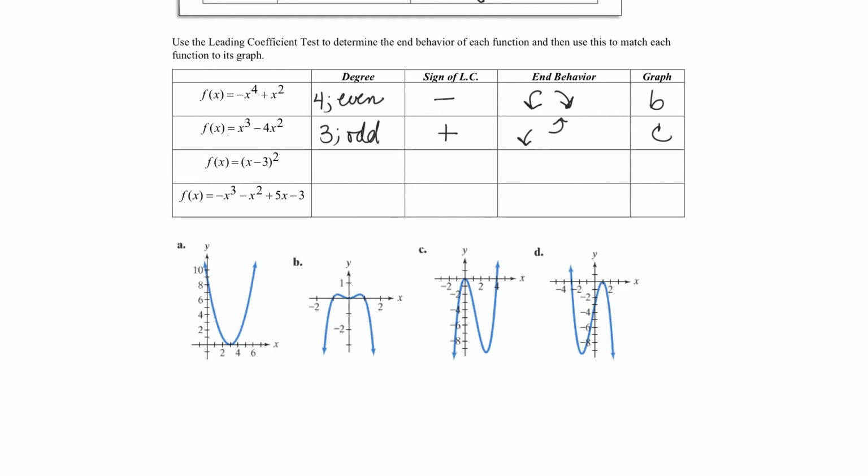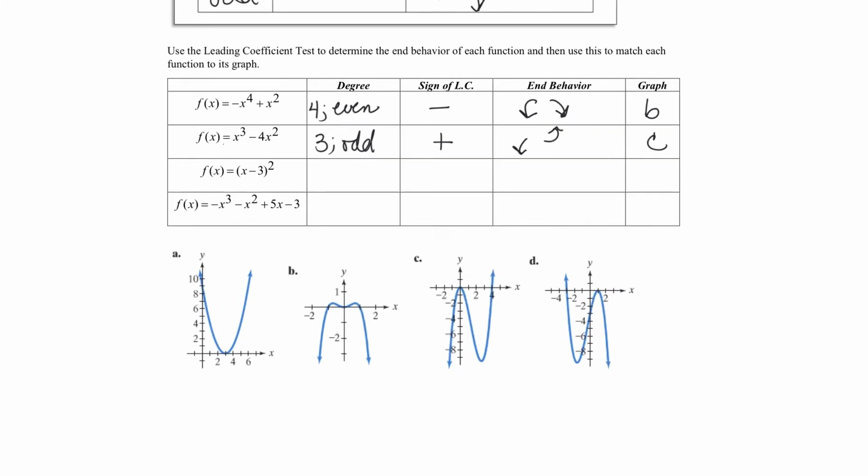Now, one thing that we need to think about is that this is already factored, right? But what would its degree be? Well, its degree will be equal to the number of linear factors in x that it has. In other words, if I multiplied this out, x minus 3 squared, I would get x squared minus 6x plus 9, right?